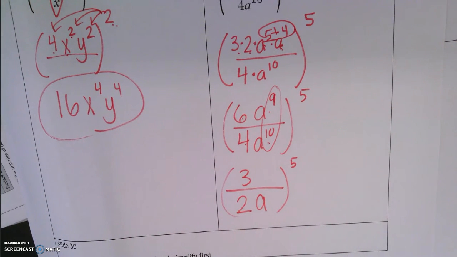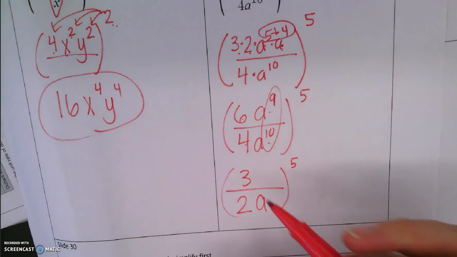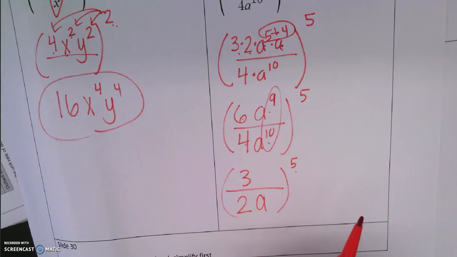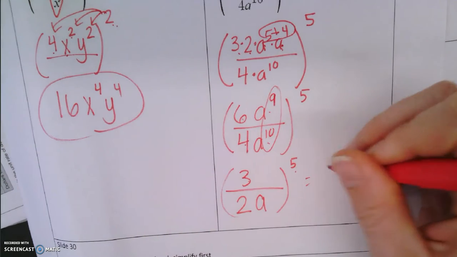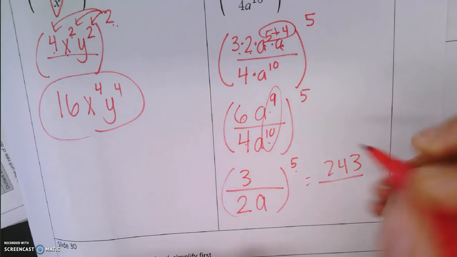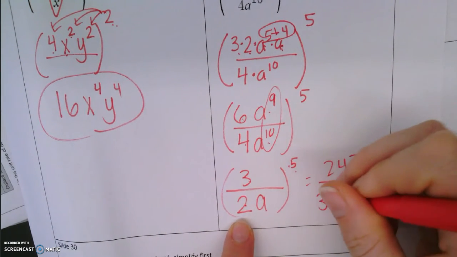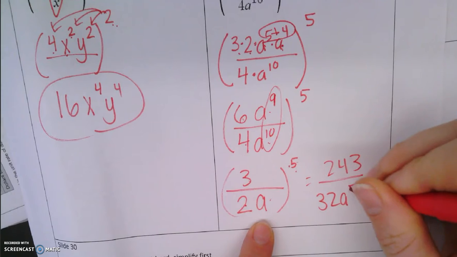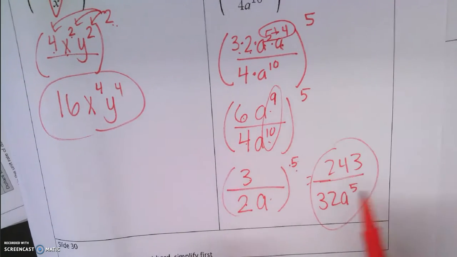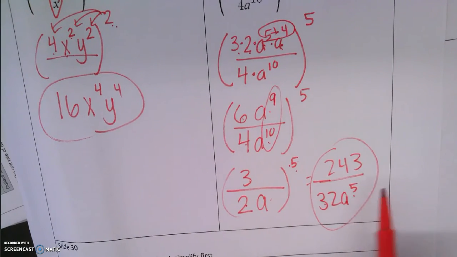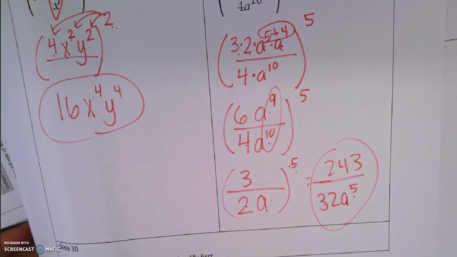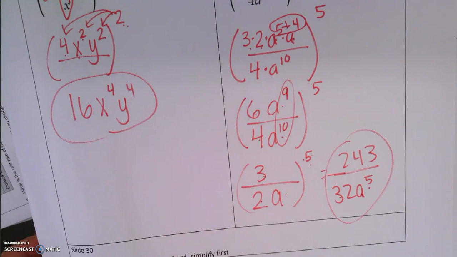So from here, I need to figure out 3 to the 5th. 3 to the 5th, 3 times 3 times 3 times 3 times 3, 243. 2 to the 5th, 2 times 2 times 2 times 2 times 2, 32. And a to the 5th. And make sure it's very clear that this 32a to the 5th is in the denominator if you are writing this in your notebook or on an assessment in the future.